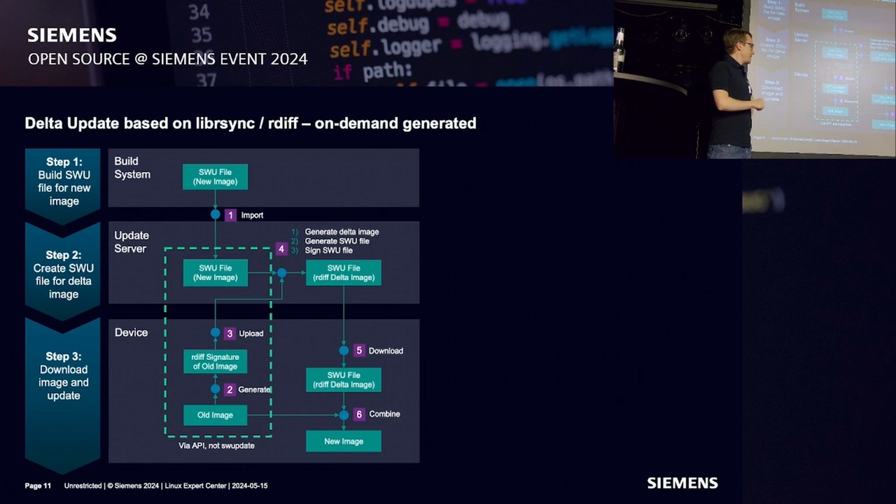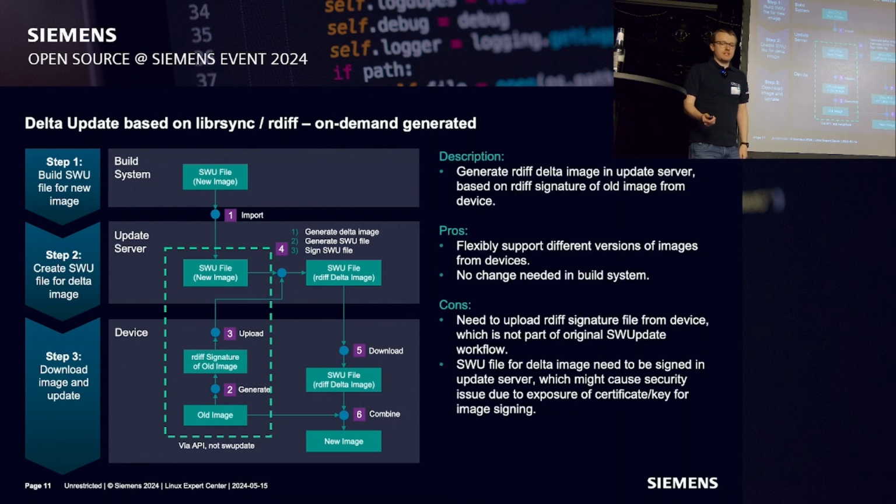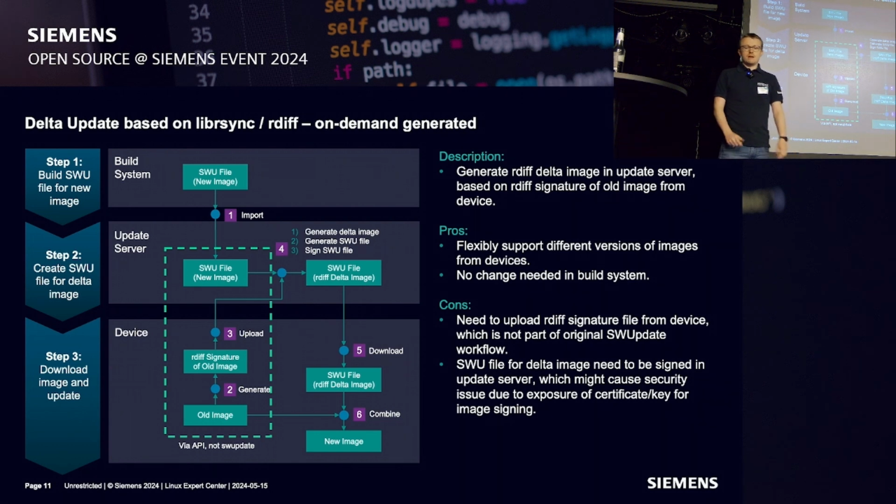This is not implemented in SW Update itself to transfer or to inform the backend about the version that is running there, but you can easily implement that. It has the advantage that you can update basically from any version to any version, but you need a bidirectional communication channel between these two.